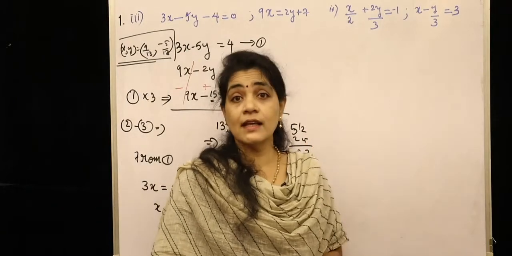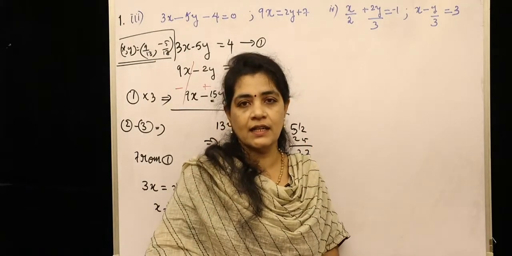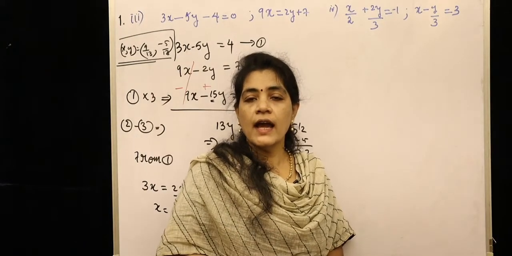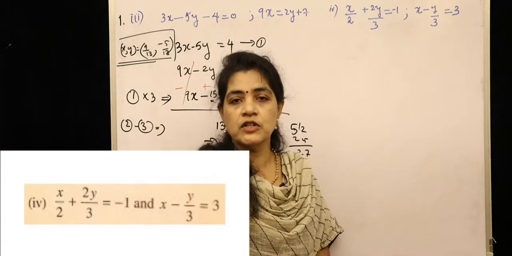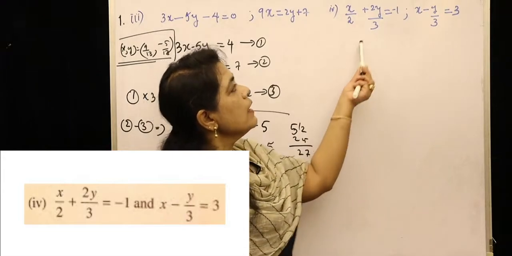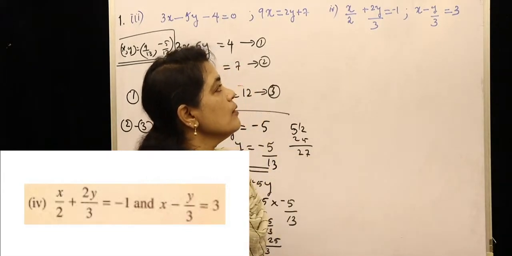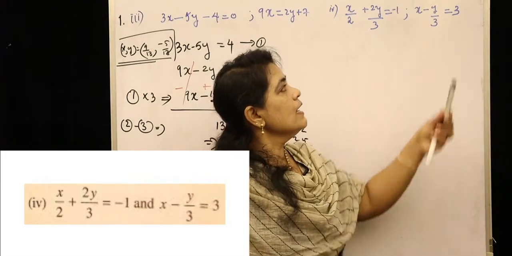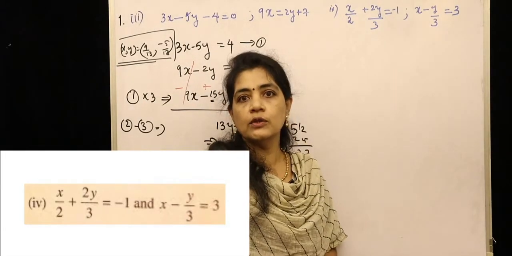It is another very important one. All the questions are different, children. Now how can this fourth question be simplified so that we can apply the substitution elimination method? Children, x by 2 plus 2y by 3 equal to minus 1, and x minus y by 3 equal to 3.